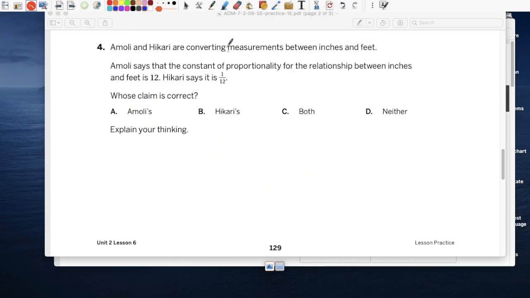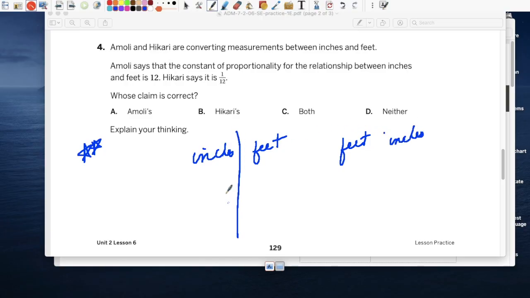All right, so this is a tricky question. Okay, tricky question. Let's set up a table. Let's call this inches and feet, and then feet and inches. It really depends on how it was set up. So if you look at it this way, there are 12 inches in 1 foot.